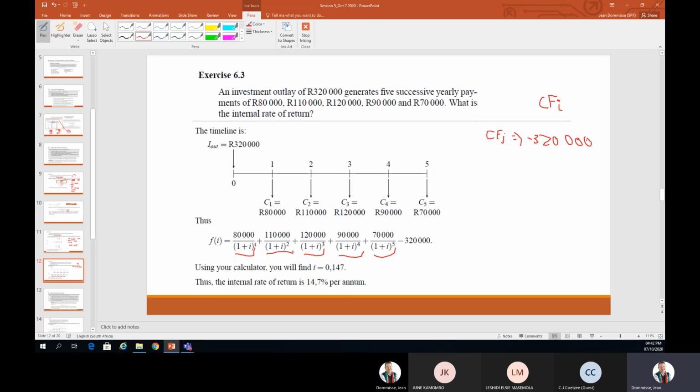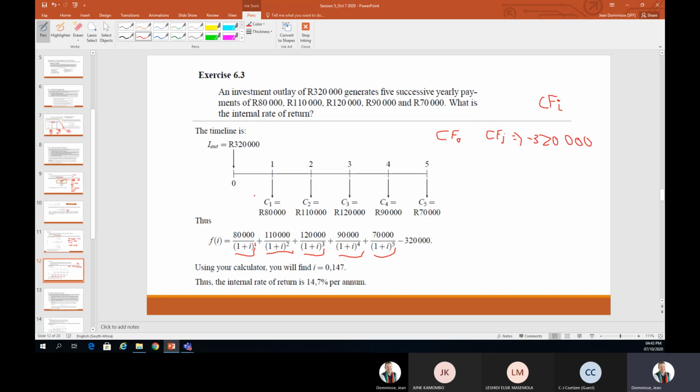If I do that, the negative is important because the negative is saying I am putting that much money into this investment. So I am actually paying it, so it needs to be negative. Then it will tell me that in my cash flow, that is point 0.